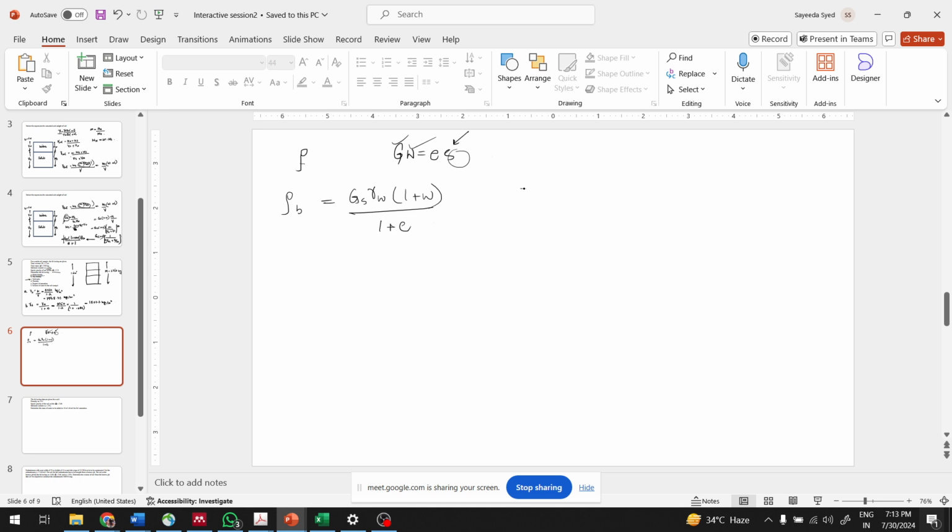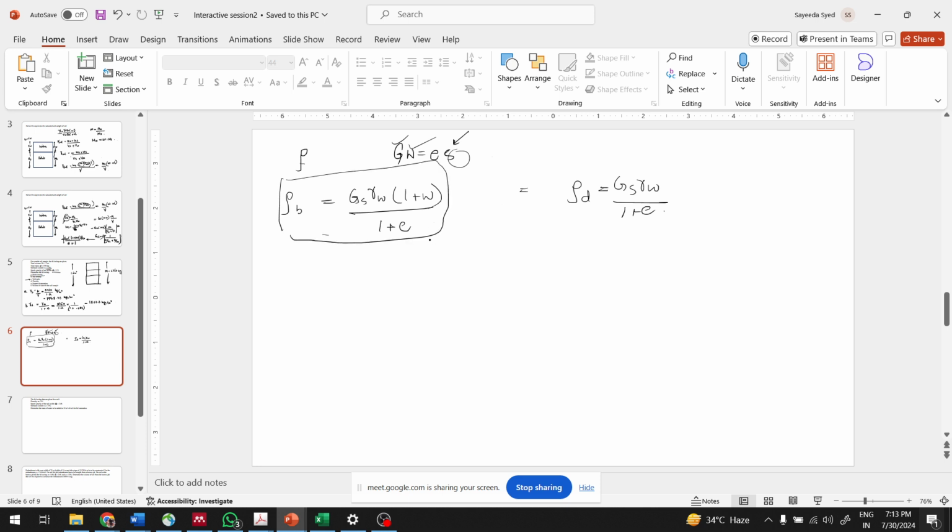Or we can go with gamma D equals GS gamma W by 1 plus E.